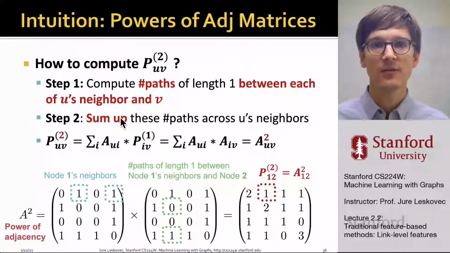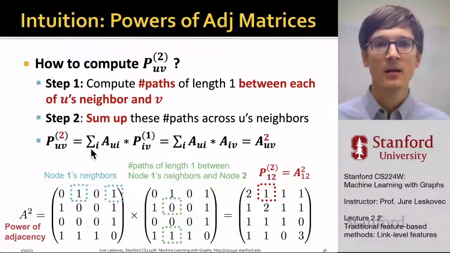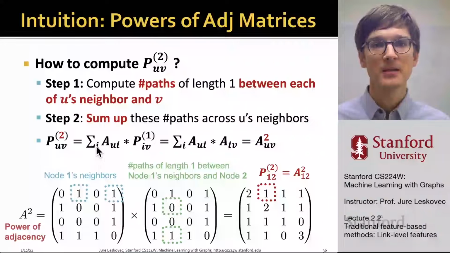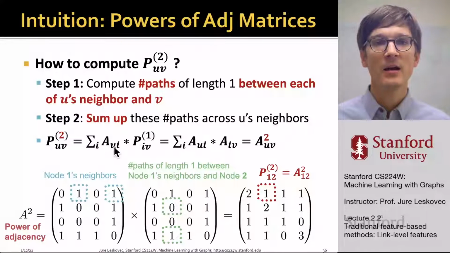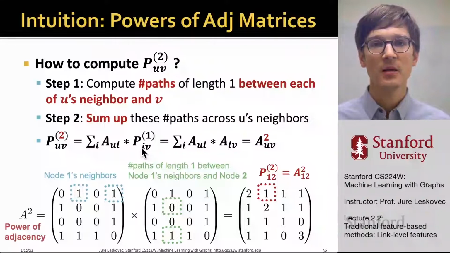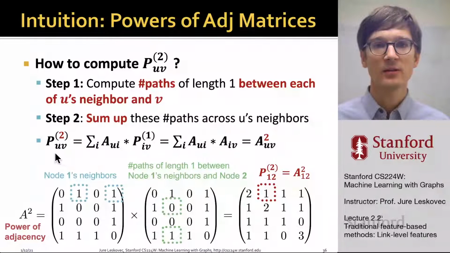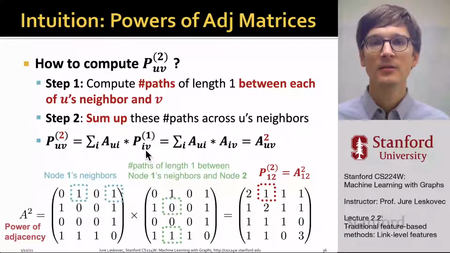The number of paths of length 2 between nodes u and v is simply a summation over nodes i that are the neighbors of the starting node u, times the number of paths from this neighbor i to the target node v. And this will now give us the number of paths of length 2 between u and v.